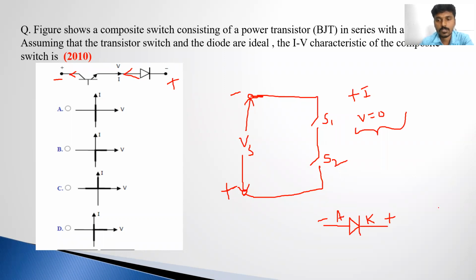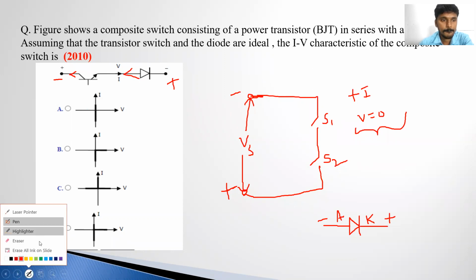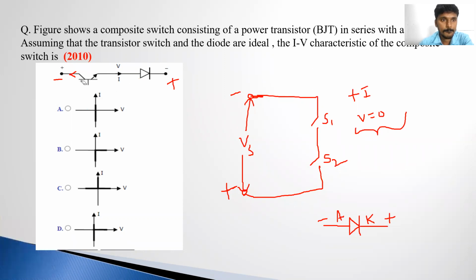If the cathode is connected to positive and anode is connected to negative, whether the diode is turned on or not? Turn on होता है क्या?